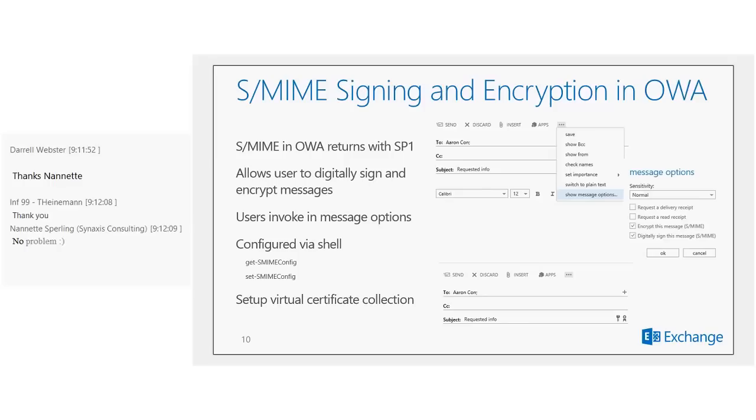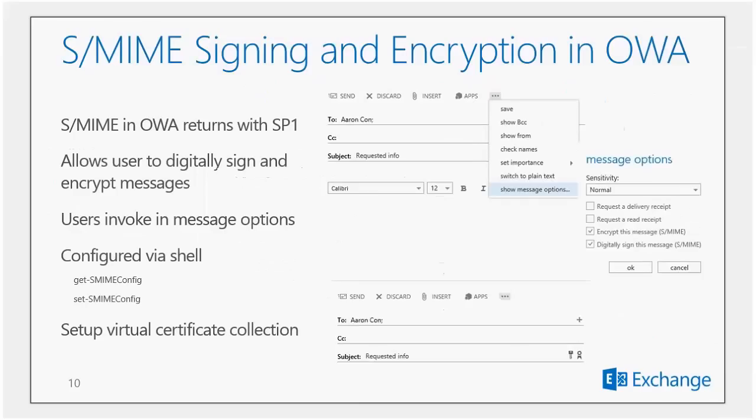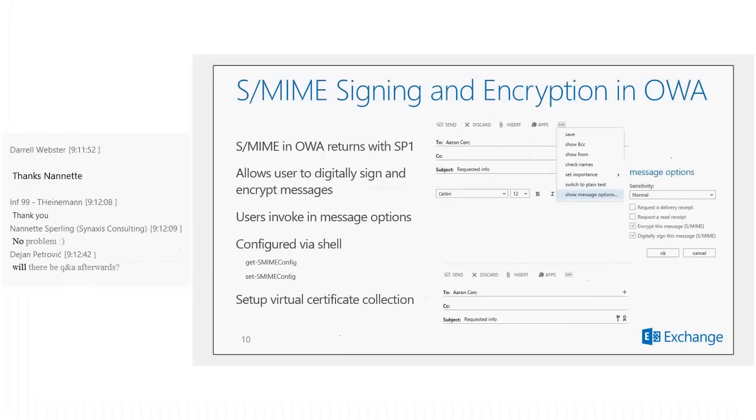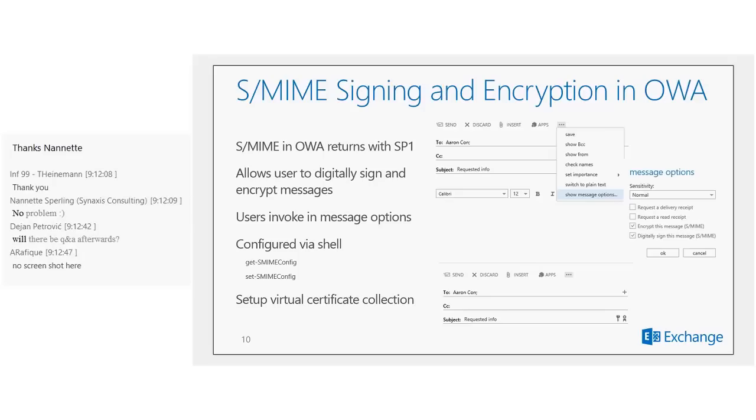It's a user invoked option, so they invoke that, as you can see in the screenshot here, from message options, and then they can select the options they want. Once that's done, you can see at the bottom on the subject line they'll have a short indicator with a key or a signature to validate that S/MIME has been turned on.